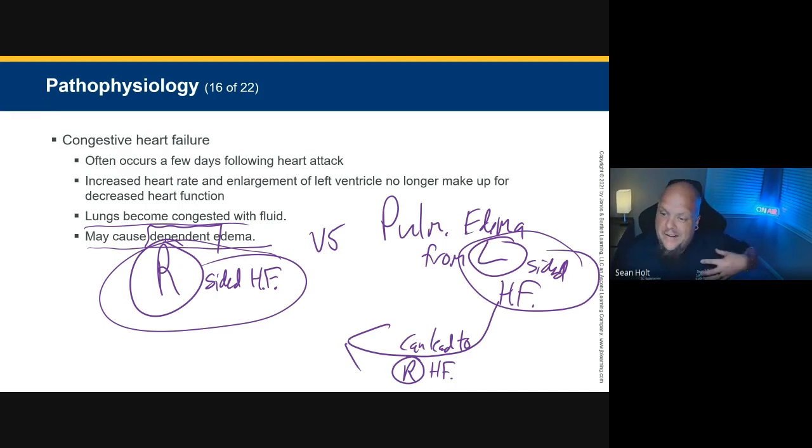If it backs up in the left and it pressurizes in the lungs and fills up and there's pulmonary edema, and the right side of the heart starts to back up with preload, or blood returning to the heart, and it's getting backed up too, you're going to have dependent edema in your lower extremities, your abdomen, sometimes even your wrists, hands, and arms, or you're going to have left-sided heart failure and just have that pulmonary edema. Left and right, you're going to have all of the above. Okay.